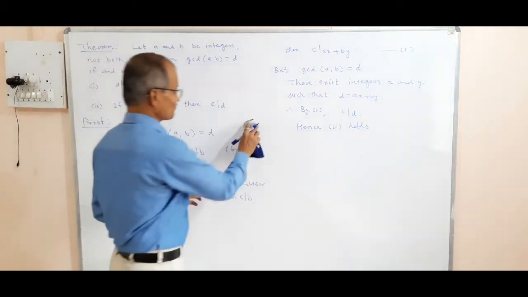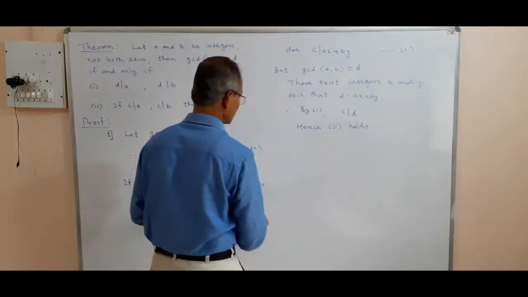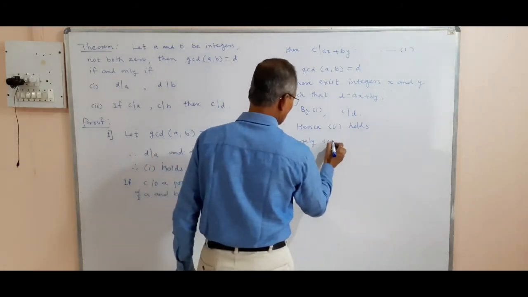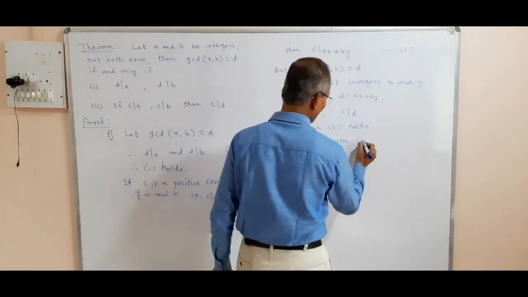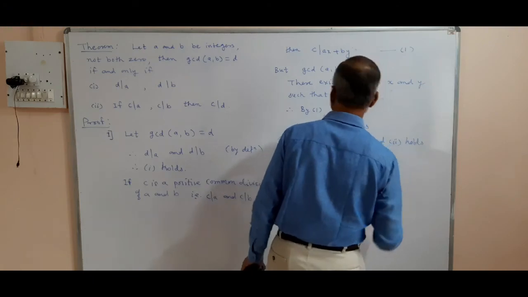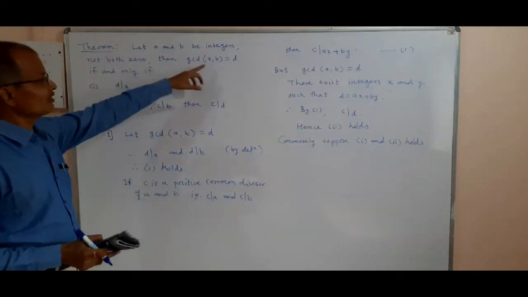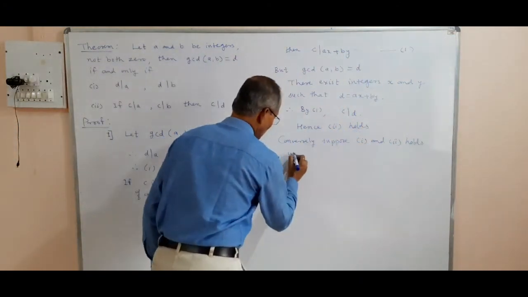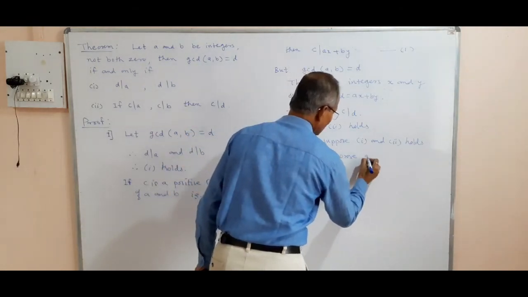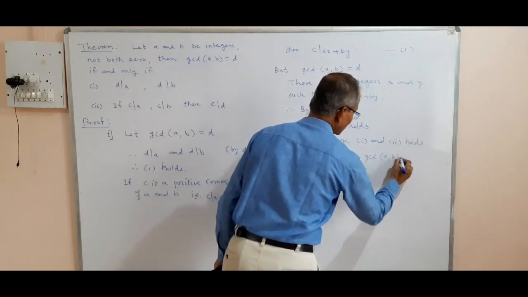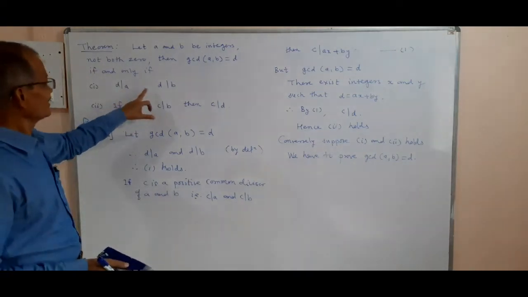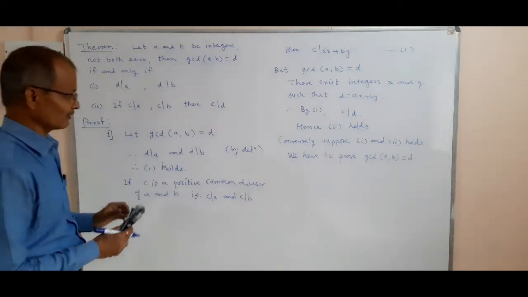Now the converse part. Conversely, suppose 1 and 2 hold. Now what we have to do? We have to prove that the greatest common divisor of A and B is equal to D. Now see, the first condition is the same: D divides A and D divides B. That is given.